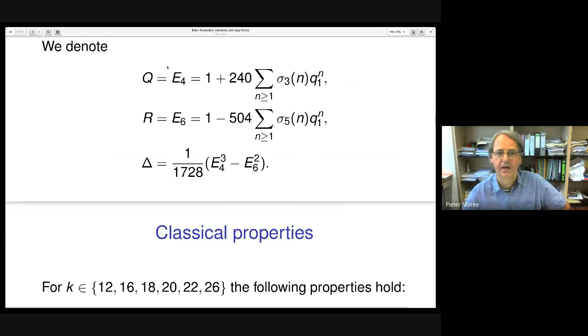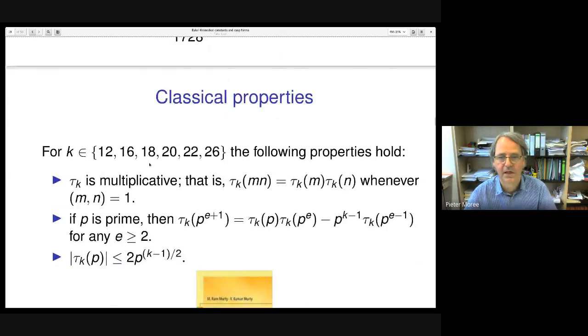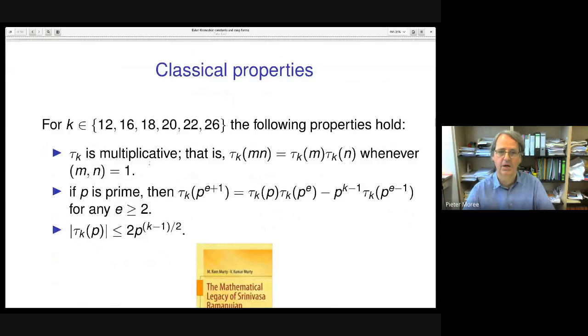I should have given them maybe in terms of Q and R to be consistent. Okay, now I come to the classical properties of the Fourier coefficients. So of these six cusp forms, I can look at their Fourier coefficients, and we denote them by tau sub k. So k is the weight.